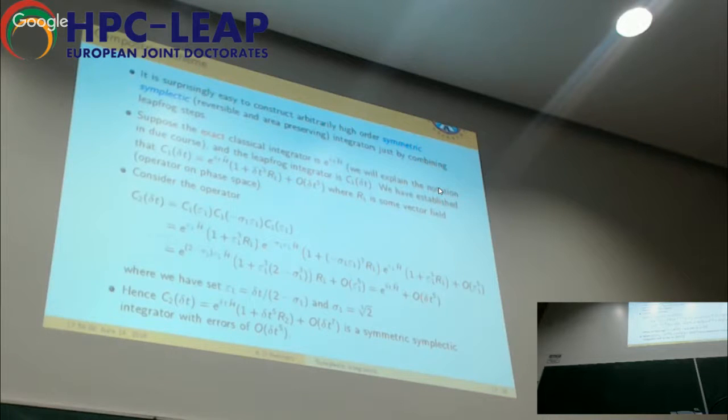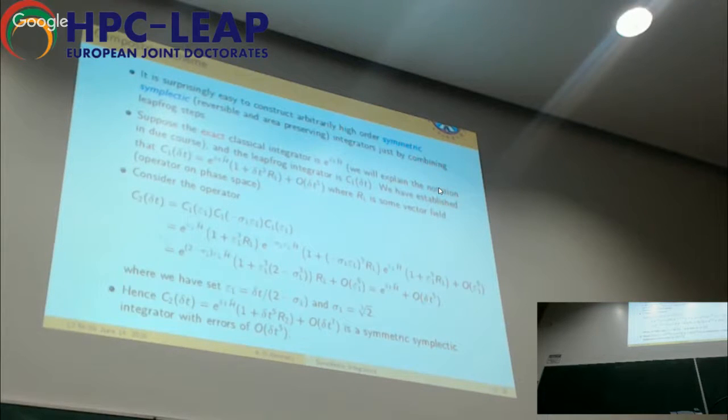So suppose that we have a leapfrog integrator and we compare it, and imagine that there was an exact integrator that exactly followed the solution of Hamilton's equation, so found the exact classical path with no step size errors. I'll write that integrator as an operator, acting on, you can imagine, smooth functions on phase space. We'll call that operator e to the delta tau times h hat.